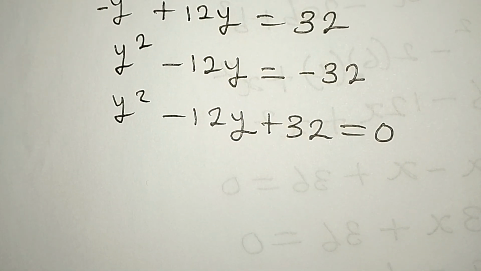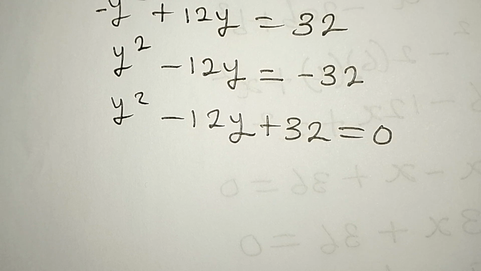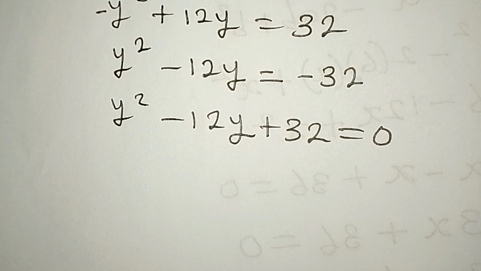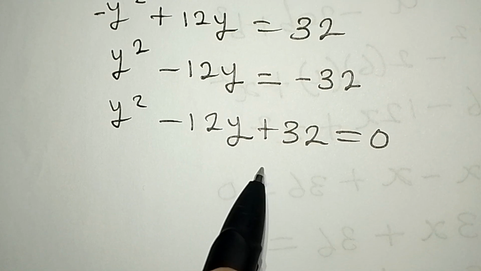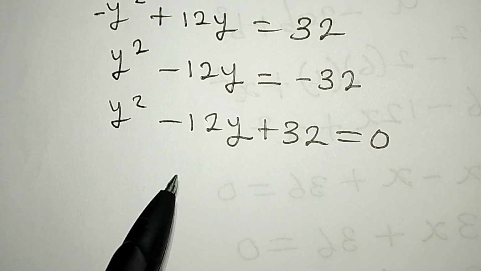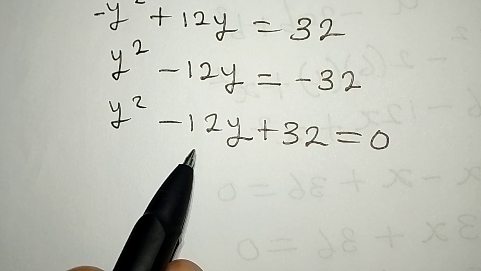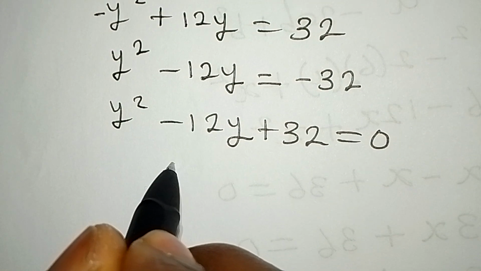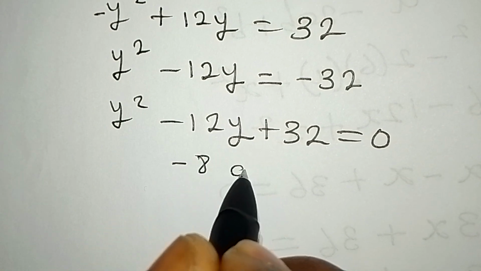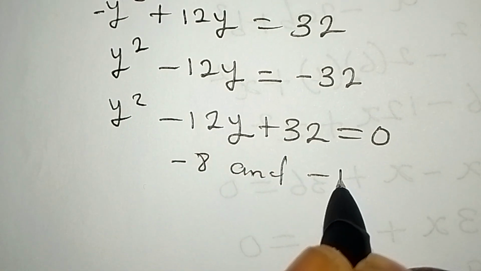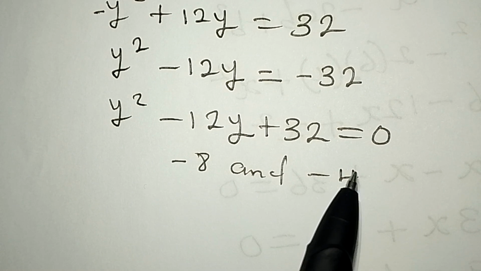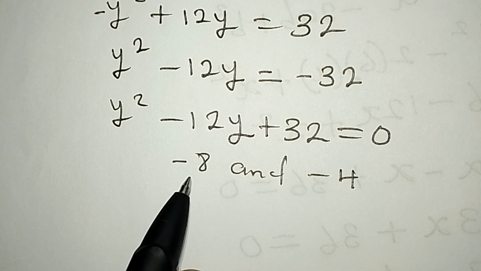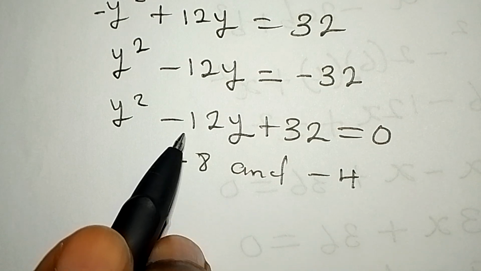Now we have a quadratic equation, and we can solve this by factorization. So what are the two numbers that multiply to get 32, and add together to get minus 12? We're going to have minus 8 and minus 4, because minus 8 multiplied by minus 4 will give 32, and minus 8 minus 4 will give minus 12.